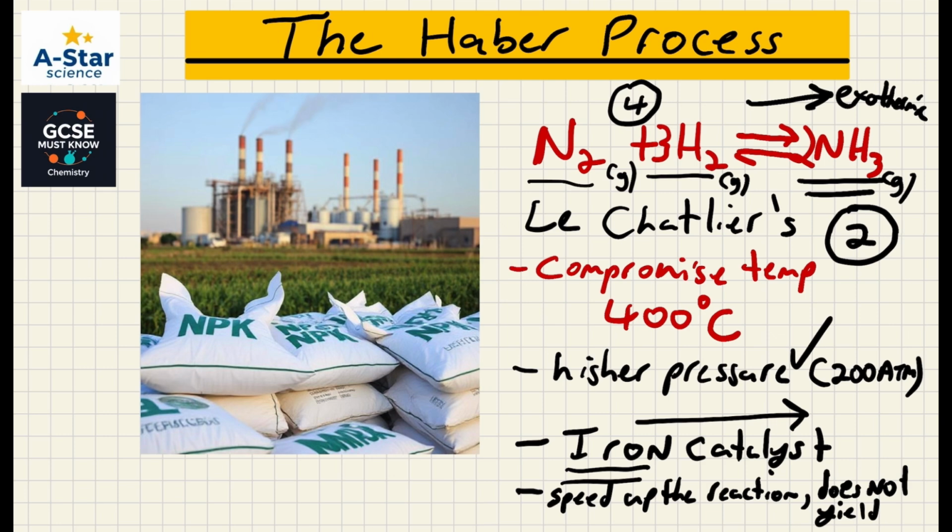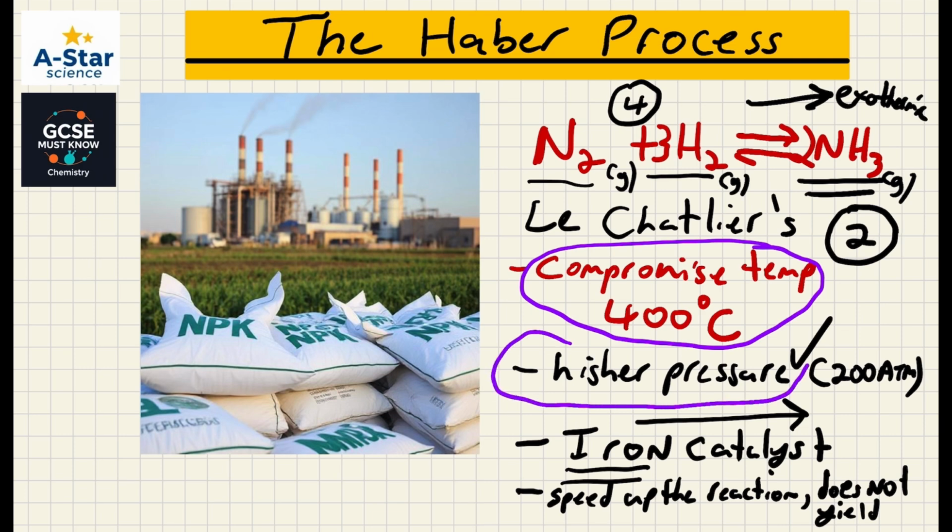So let's summarize very quickly. In terms of the Haber process, you do not want too high a temperature because that will shift the reaction to the endothermic side. So we use a compromise temperature. It's hot enough to have a decent rate of reaction, but not so hot that it will shift it to the left, which is the endothermic side. We use a high pressure because this is going to move it towards the side of the least moles, which is the right-hand side, which only has 2 moles, compared to the left side, which has 4 moles.